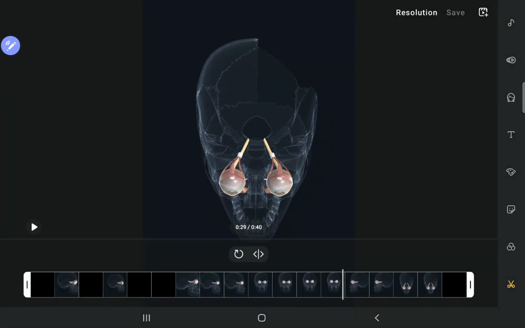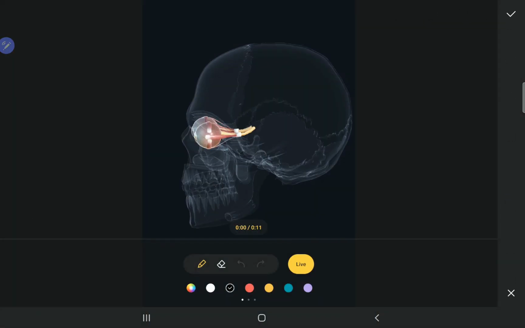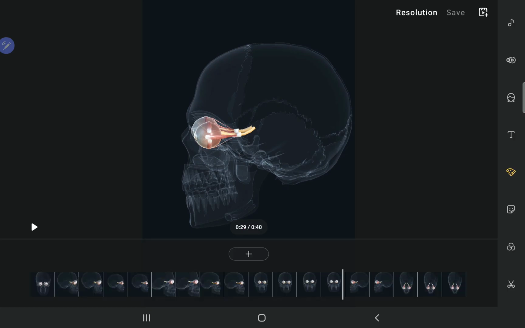So if you can see over here, we have the space. We have the space behind the eyes. If you can appreciate the space behind the eyes, guys.